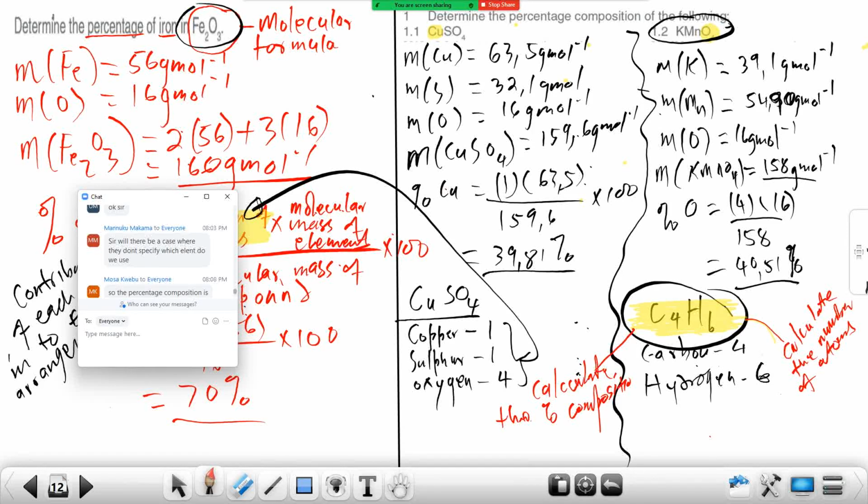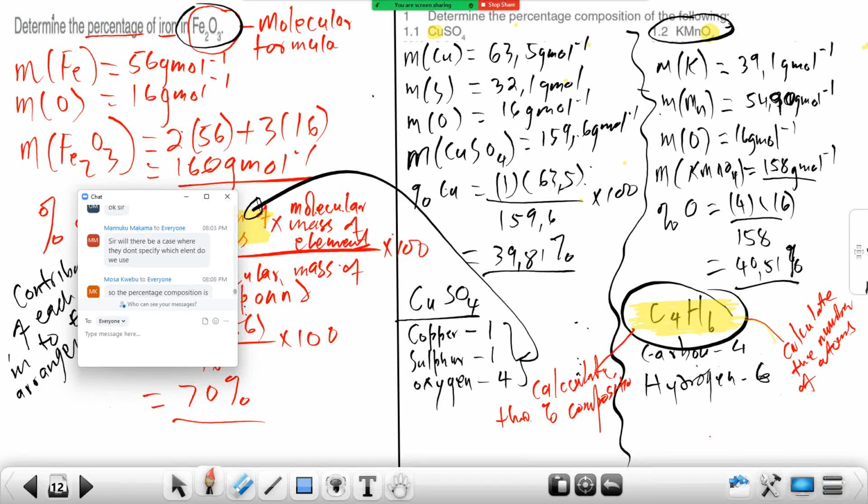But if the question just said determine the percentage composition of the following, we're supposed to calculate for copper, calculate for sulfur, calculate for oxygen, add the total, get 100, then we know that we have calculated for everything.